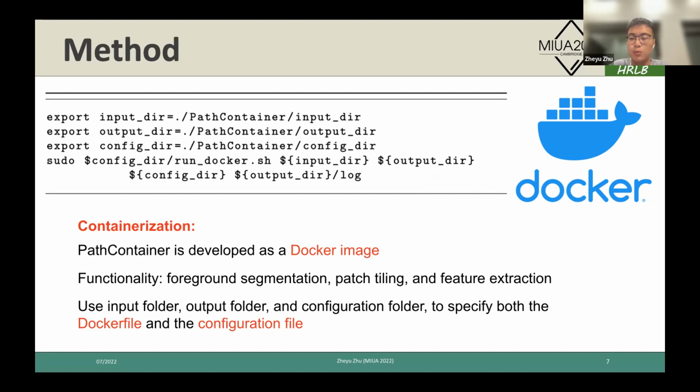In our GitHub repository, PAS container includes three major parameters: an input directory to save the input whole slide image files, an output directory to save the output features, and a configuration file to specify both the Docker file and the configuration.